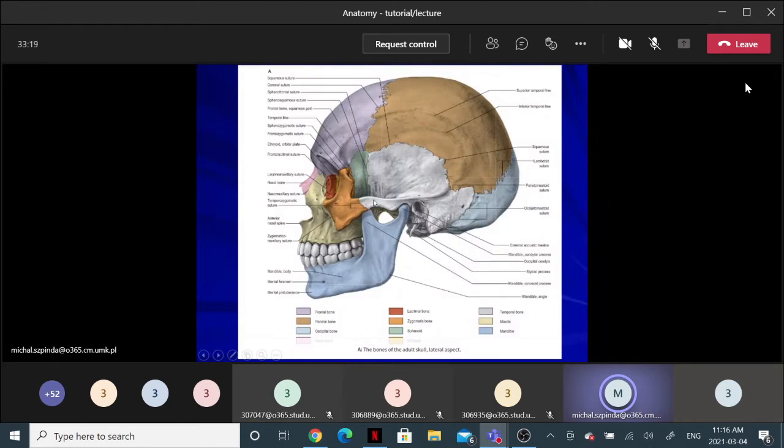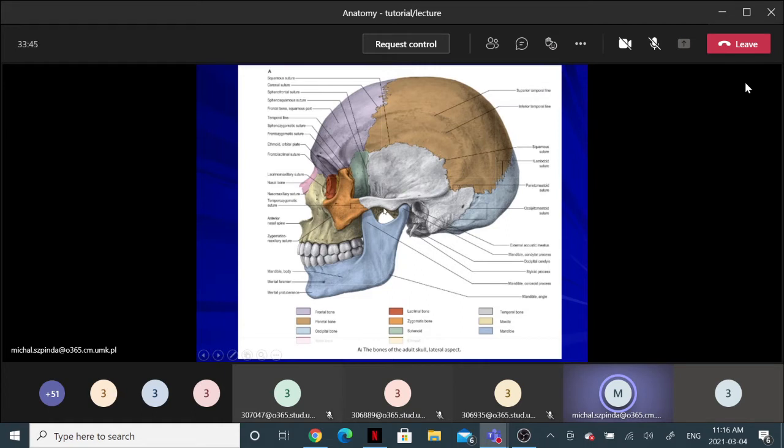The zygomatic arch comprises its lateral wall, and the frontal process of the zygomatic bone and the zygomatic process of the frontal bone form the anterior wall of the temporal fossa.